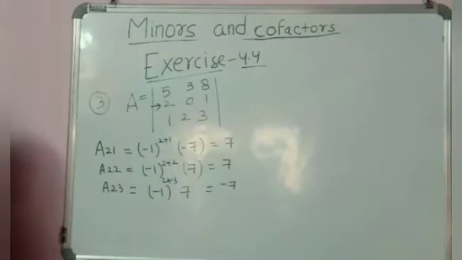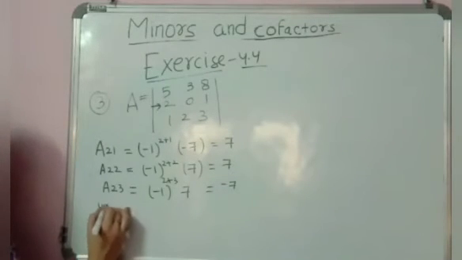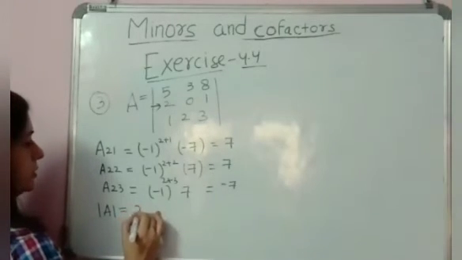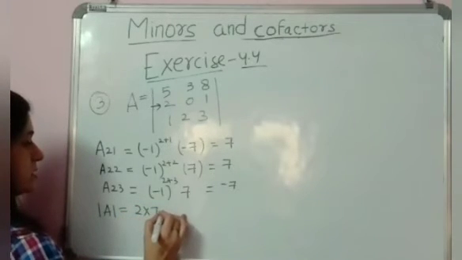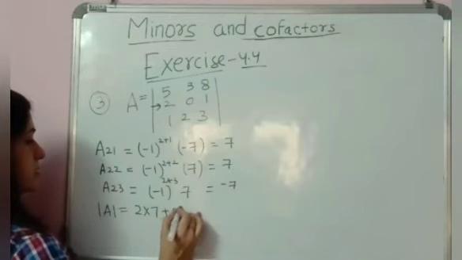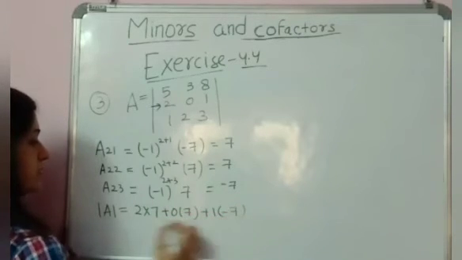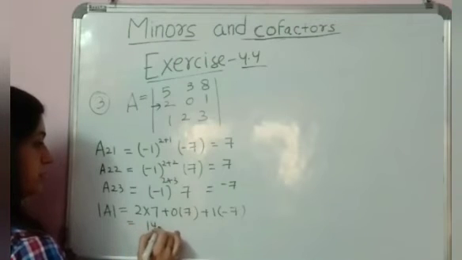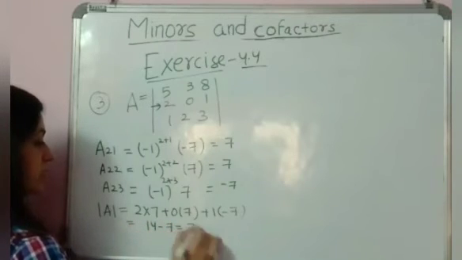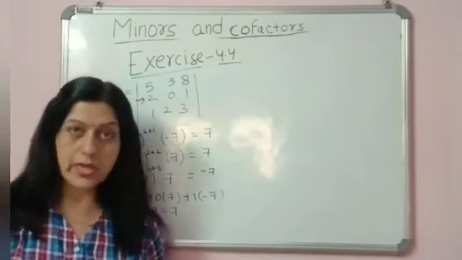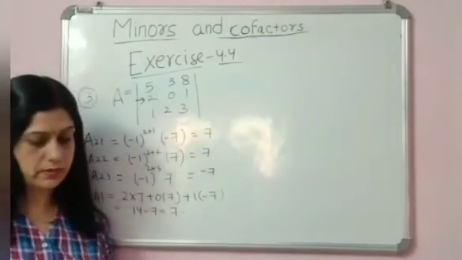So now let us find the value of determinant of A by using cofactors. That will be 2 into 7 plus 0 into 7 plus 1 into minus 7. So it is equal to 14 minus 7, that is equal to 7. Okay, so this was question number 3.